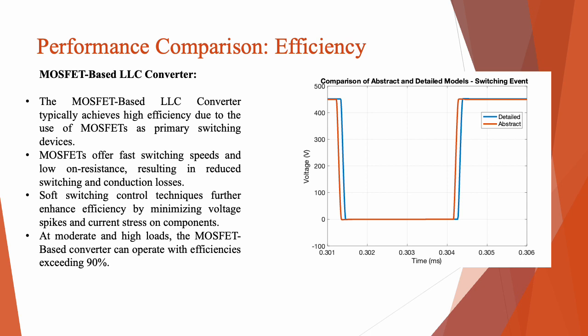So for simpler applications, we would be considering piecewise based instead of MOSFET based. But for higher or moderate loads, MOSFET will be better as it exceeds efficiency of 90%.